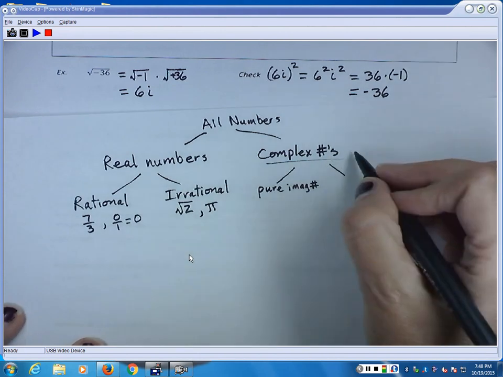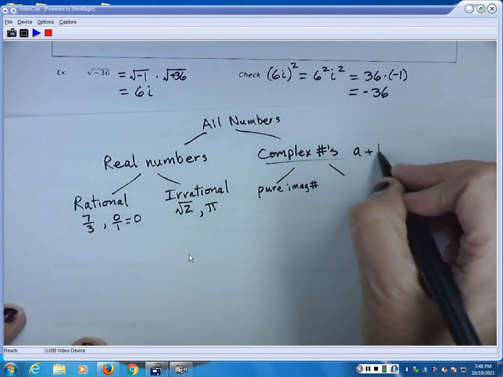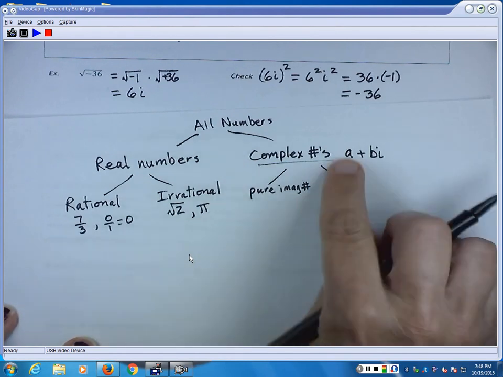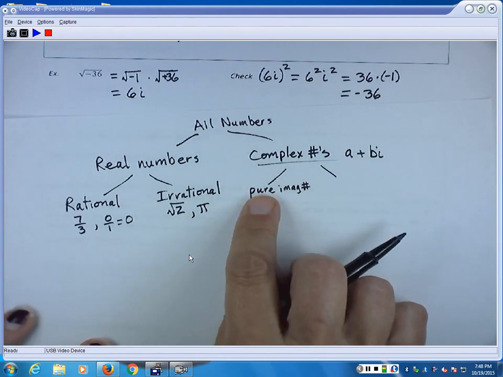These are all in the form a plus bi. If a is 0, we have a pure imaginary number.